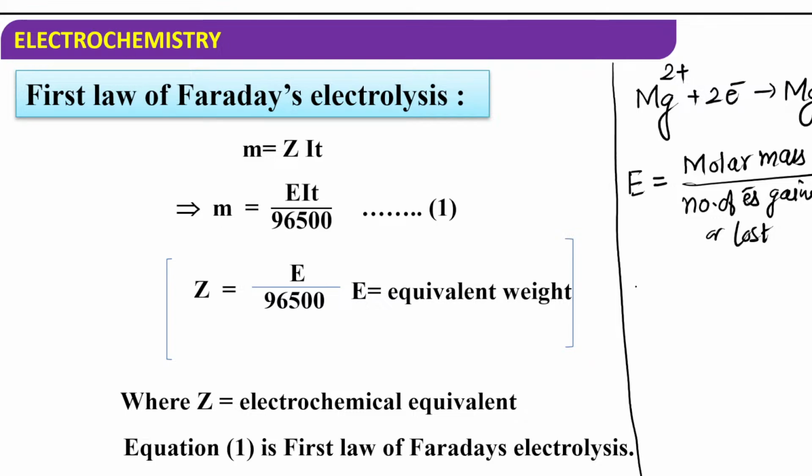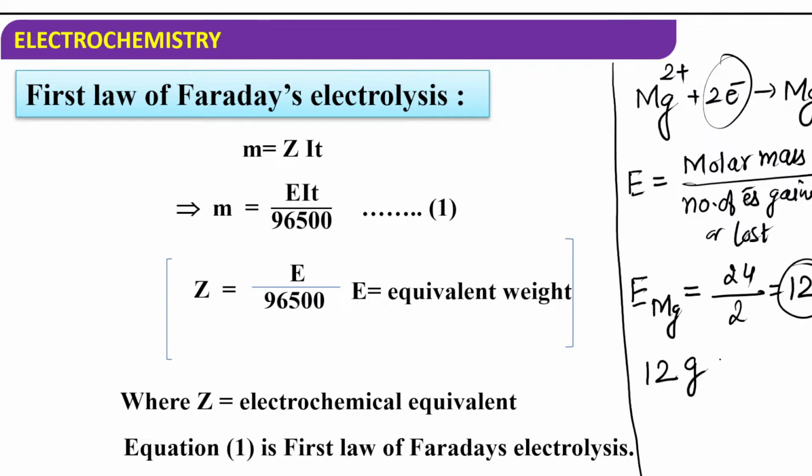In this case, equivalent weight of magnesium is molar mass of magnesium, that is 24, divided by 2 electrons gained or lost. So it comes out as 12. So equivalent weight of magnesium is 12 gram per equivalent.